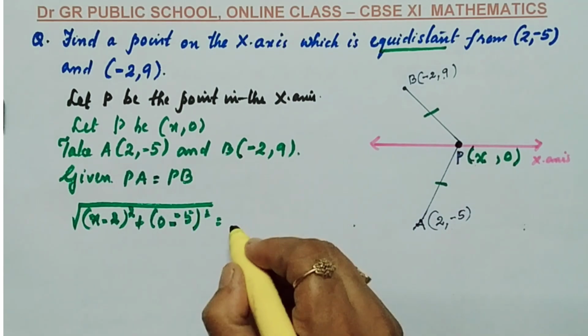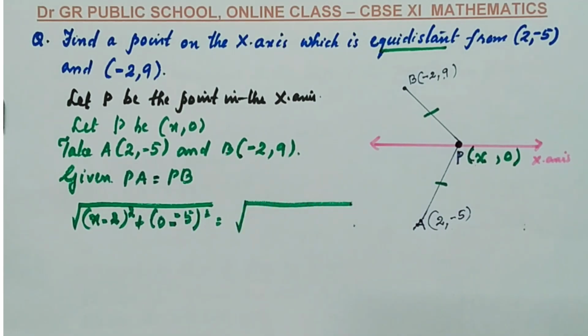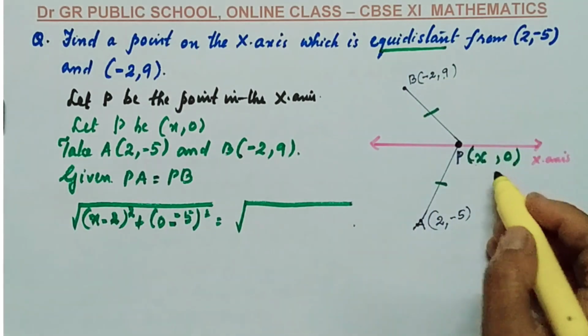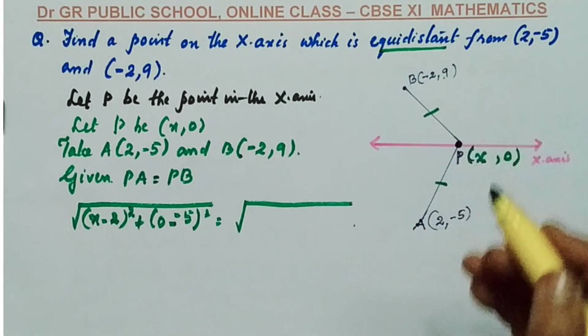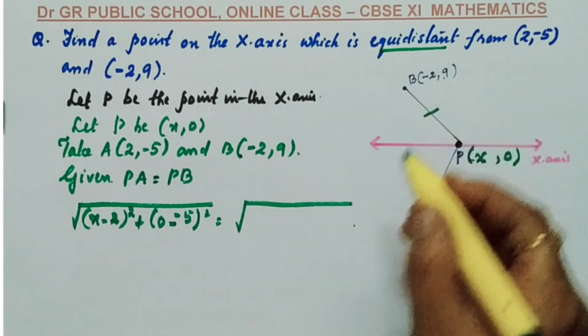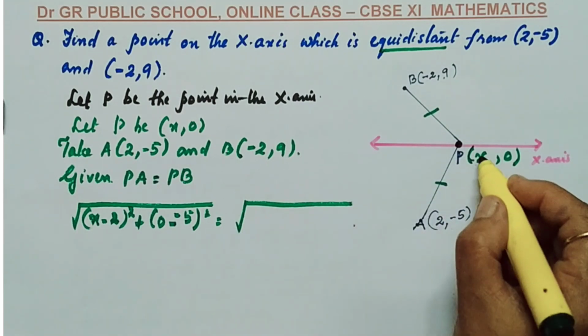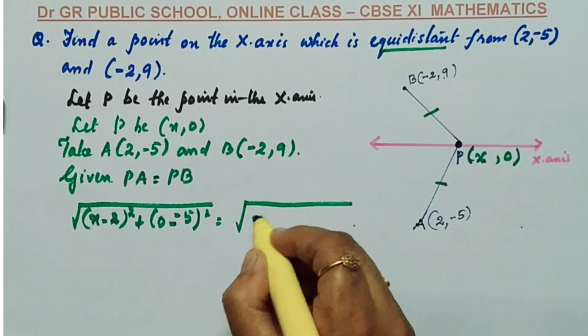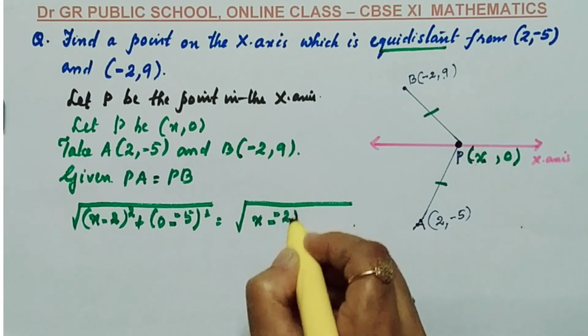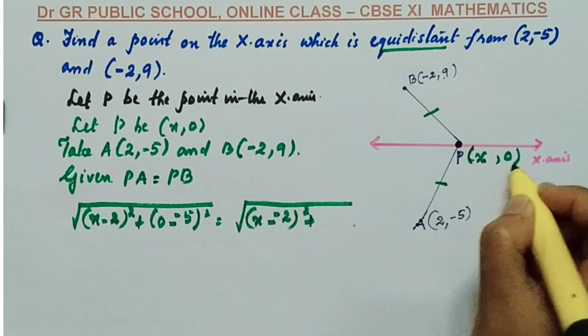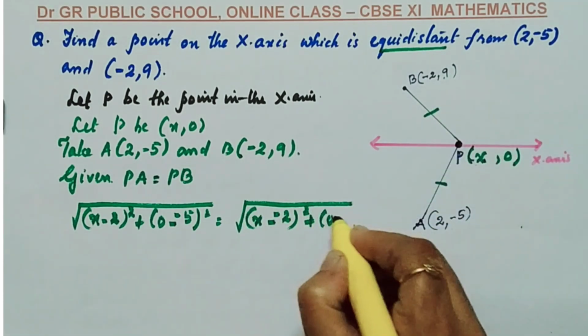The distance PB: taking one point as x1, y1 and the other as x2, y2, PB equals root of (x minus minus 2) the whole square plus (0 minus 9) the whole square.